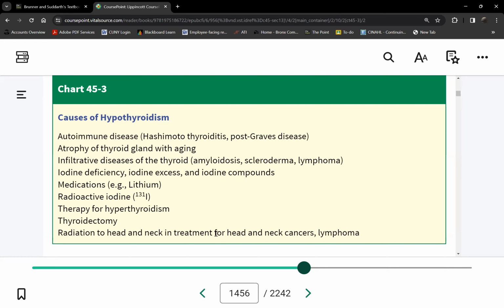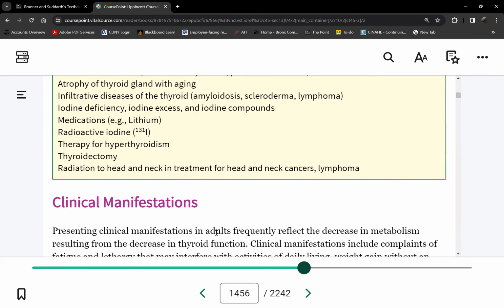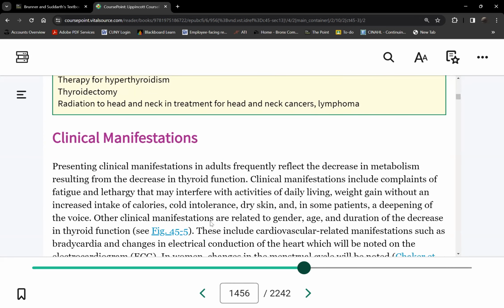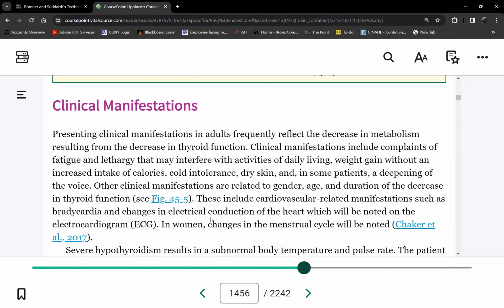So anything radioactive will do what to body tissues? Destroy it, okay? Kill it, just like cancer.